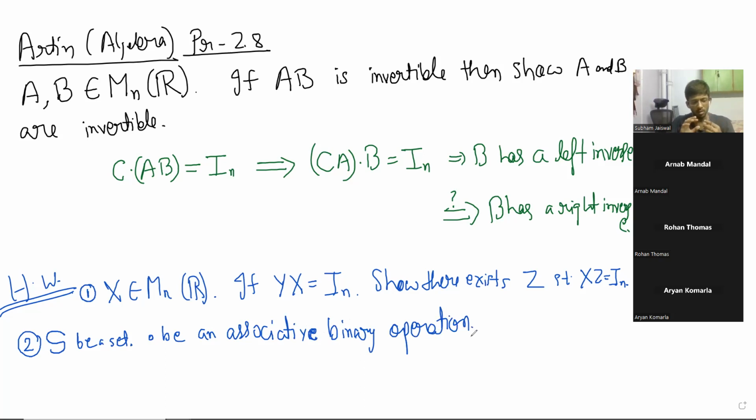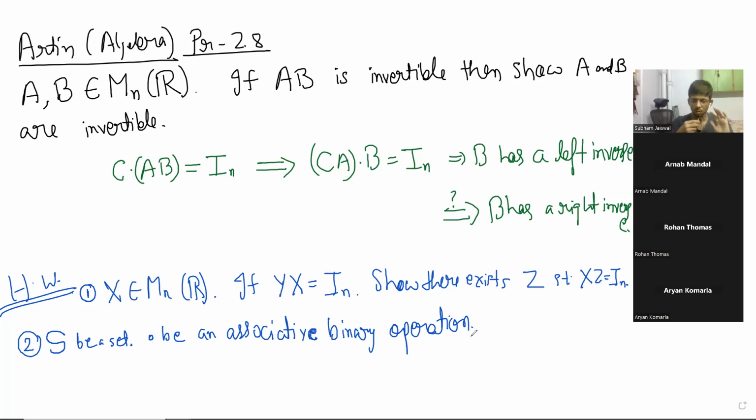Say the rest. So you see, it's very important to know why something is true. And why something is true is not just knowing the proof of it, but knowing what really is needed in the proof. So the next thing is, if left and right inverses are equal.